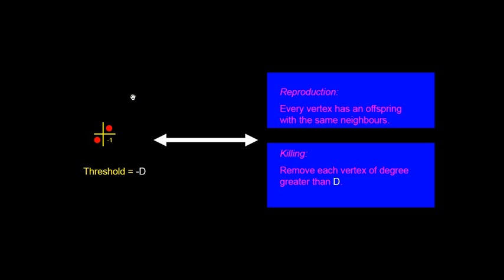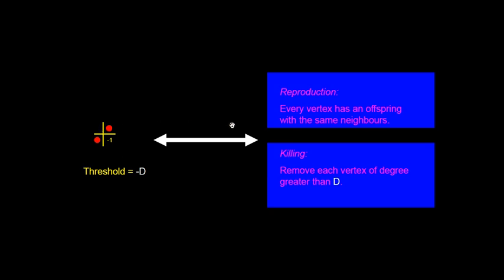This means that basically it's a bad thing to have too many neighbors, because you're always going to be playing these so-called games with your neighbors where you always score a payoff of -1. So the more neighbors you have, the lower your payoff is going to be. And we're also going to assume that our threshold value here is equal to -d, where d is some natural number.